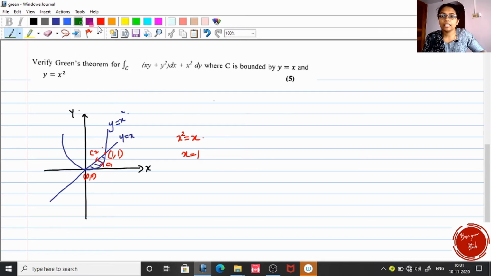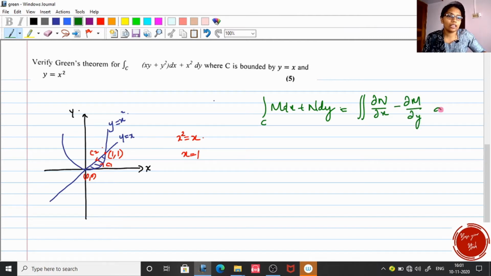It says that the integral of M dx plus N dy taken for a curve is equal to the double integral of (∂N/∂x minus ∂M/∂y) dx dy, isn't it? So we have to prove this, which means we have to find the value of LHS and the value of RHS and see that both are equal, isn't it? So let us find out LHS first, which is the line integral.